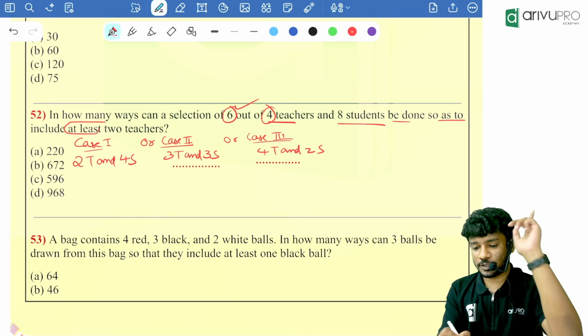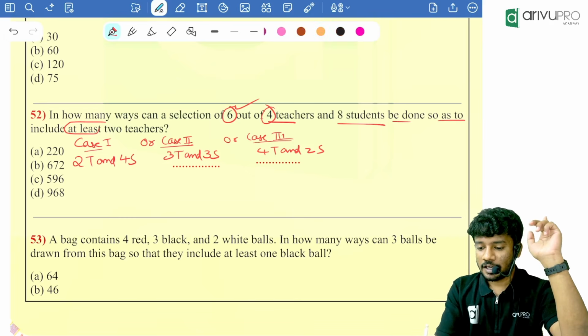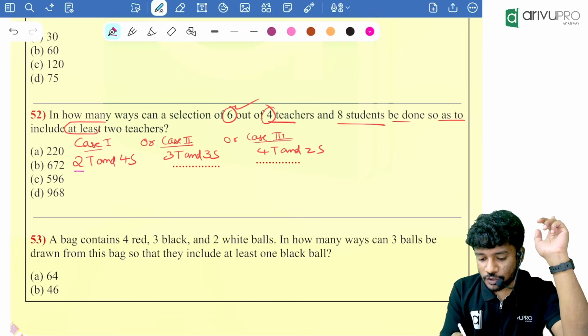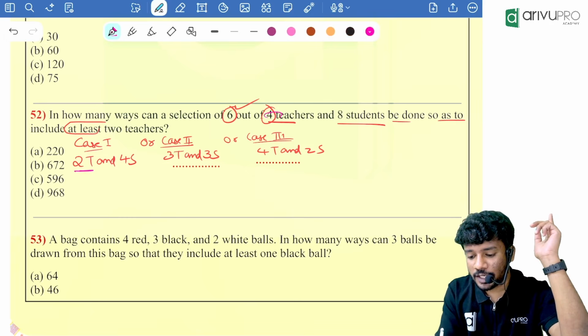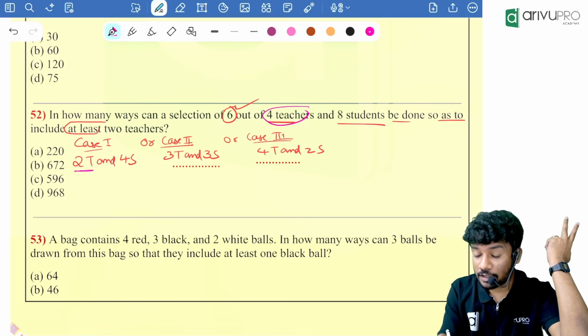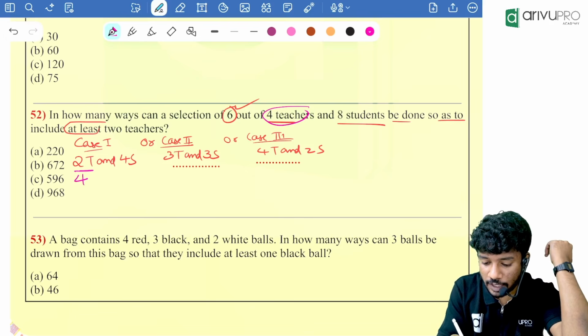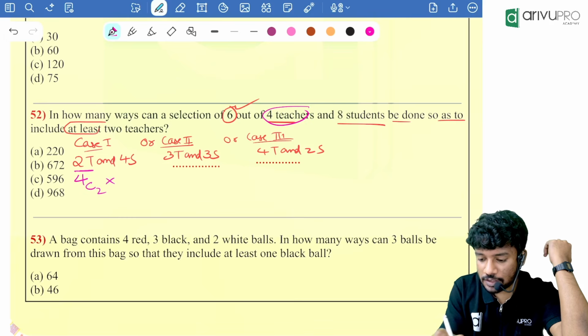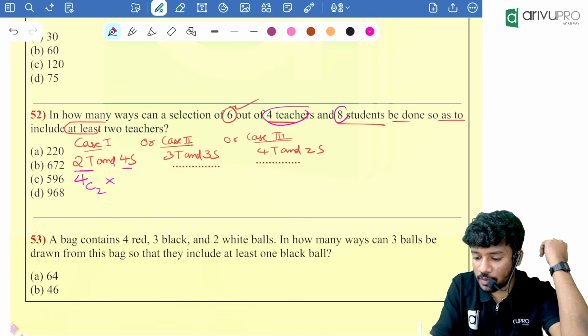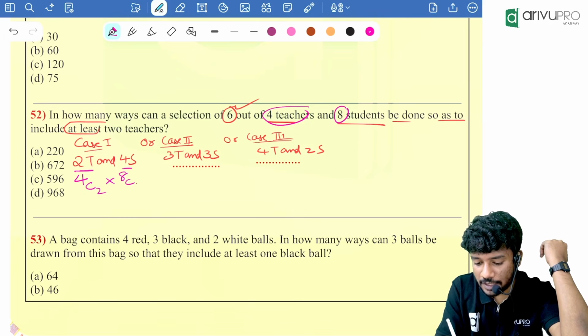Now tell me one by one. 2 teachers can be chosen from how many teachers? In total there are 4 teachers, so from 4, I will choose 2. And 4 students are chosen from 8 students: 8C4.